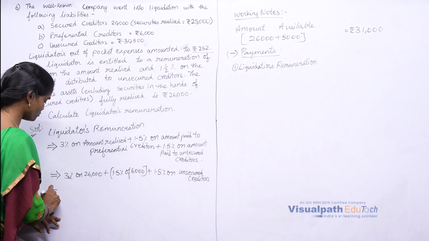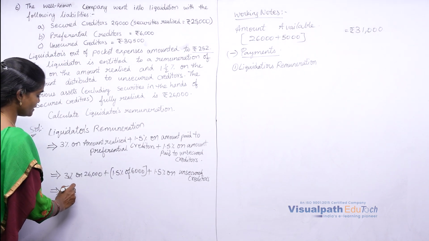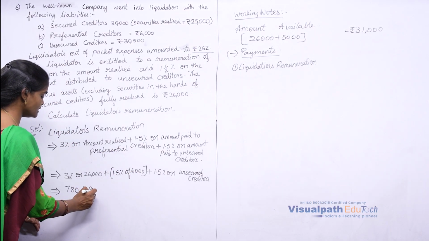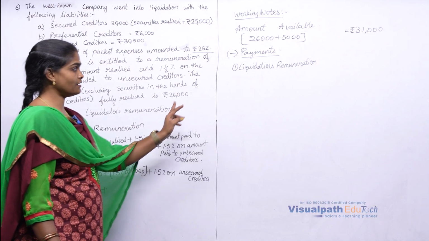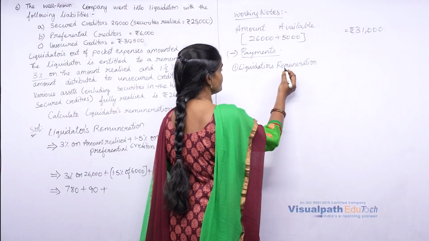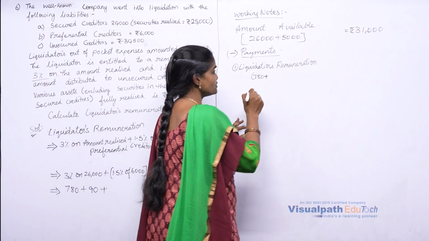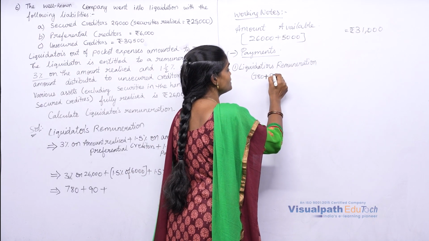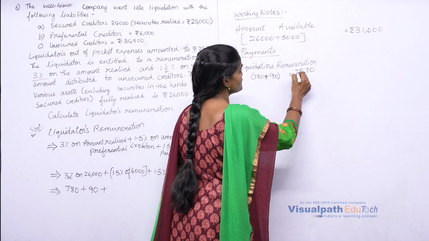So 3% on 26,000 will be 780, and 1.5% of 6,000 is rupees 90. So 3% of asset realized, which is 780, plus 1.5% of the amount paid to preferential creditors, which is rupees 90, equals 870 rupees, right?